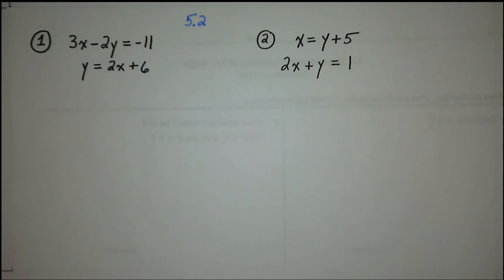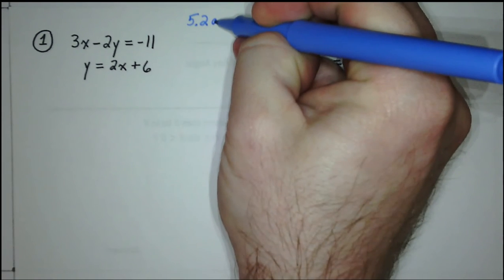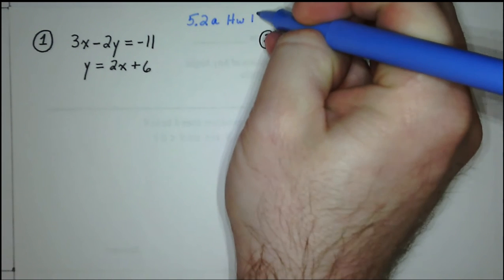And I just want to remind you how the substitution method works. If you watched the whole video from last week from 5.2a, then you probably have a good understanding about how this method works. But before I give this next assignment, which I believe would be 5.2a homework number 2.